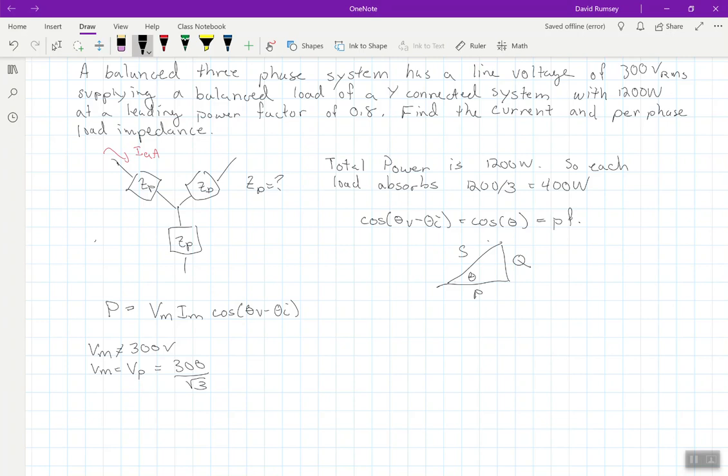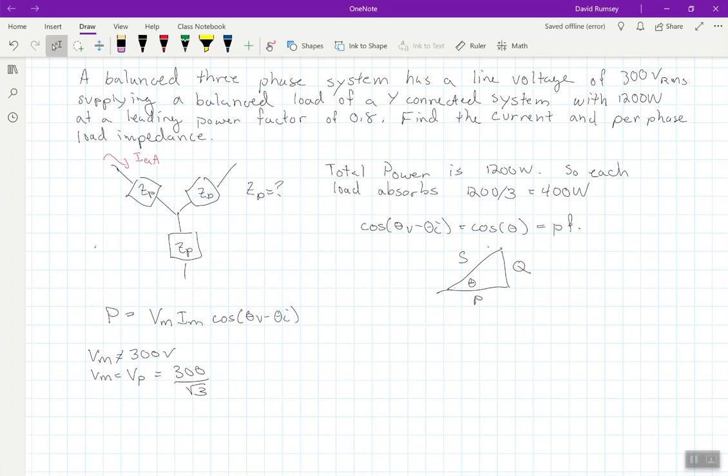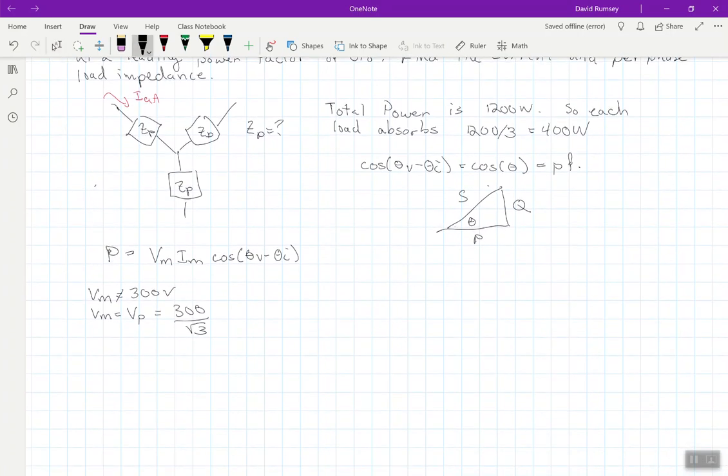So in other words, the equation we get here is actually a very simple equation. I like this problem because it's really not as complicated as you think, but because we don't have a circuit drawn and don't have a picture, it looks like this is going to be a really hard problem. So the equation, the average power I'm getting is 400 watts. Vm is 300 over the square root of 3. Im, of course, is what we're looking for.